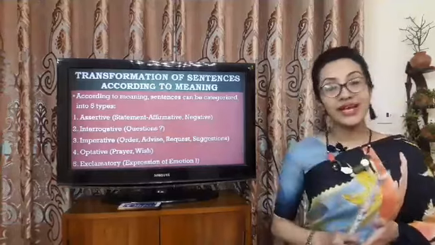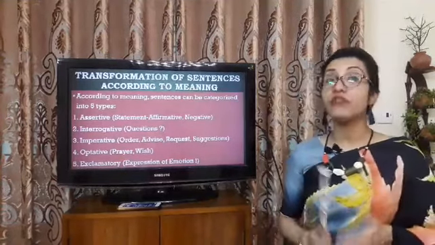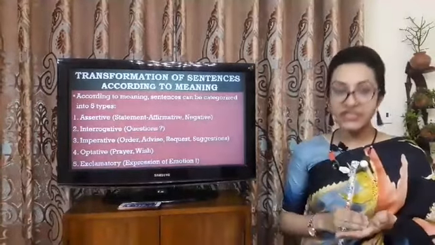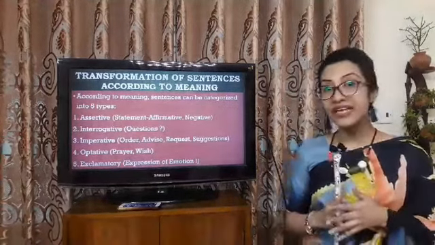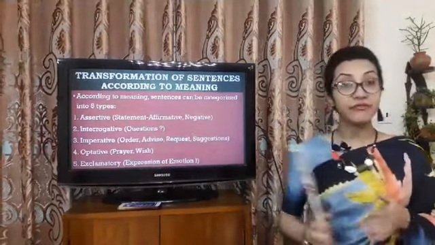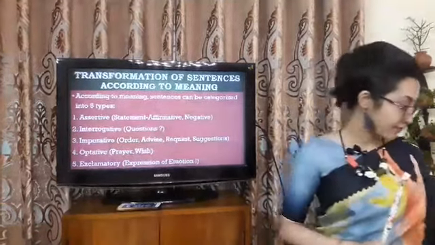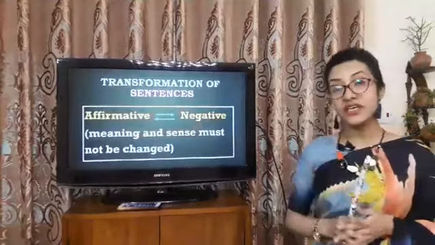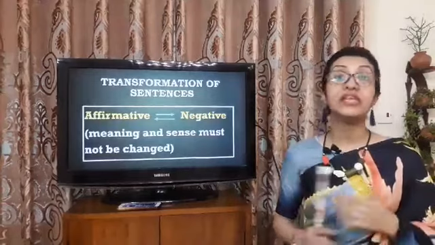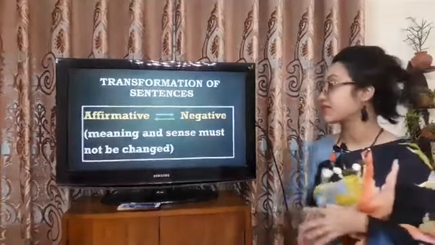Now, as we know that according to meaning, sentences can be of 5 types. What are they? They are assertive, imperative, interrogative, optative, and exclamatory. An assertive sentence can be of 2 types, affirmative and negative. So we are basically talking about affirmative and negative sentences and how can they be interchanged in today's class.